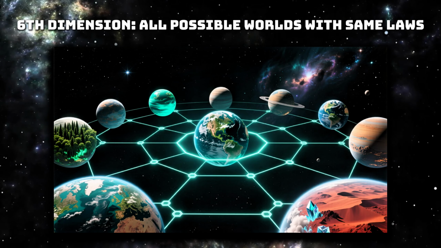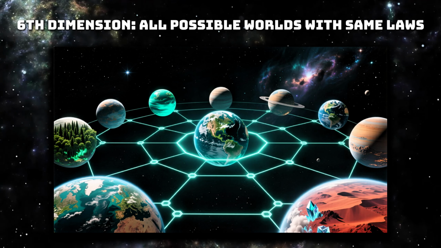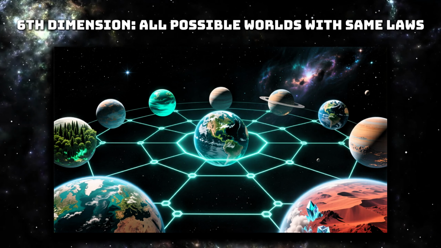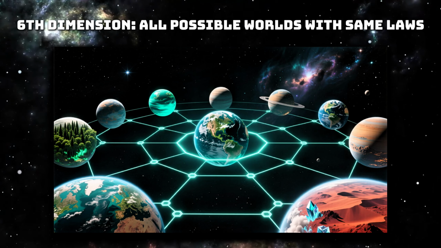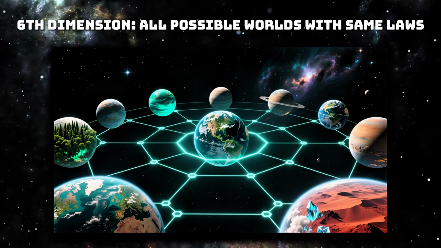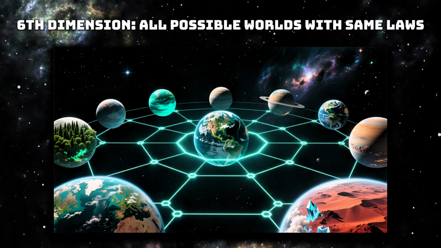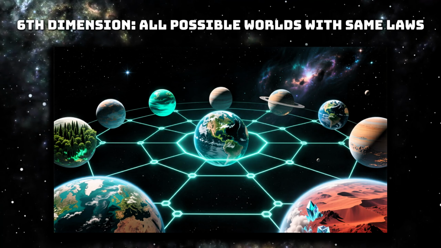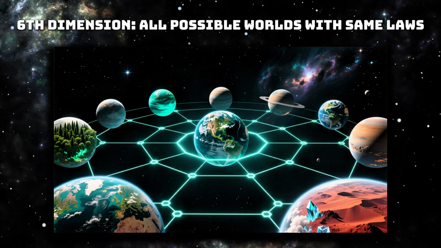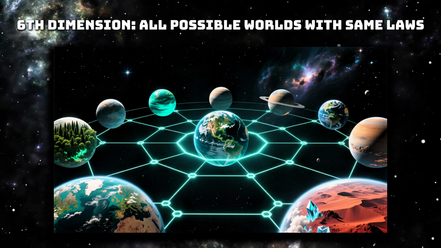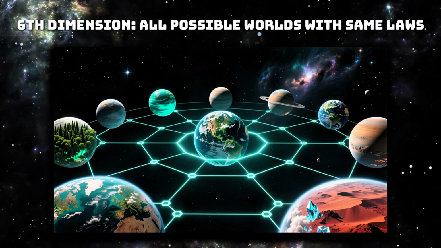The sixth dimension brings a new level of reality. While the fifth dimension shows us alternate paths, the sixth dimension shows us alternate worlds. Worlds where history unfolds differently, life evolves differently, civilizations rise or fall in different ways, and the universe itself takes on different shapes.